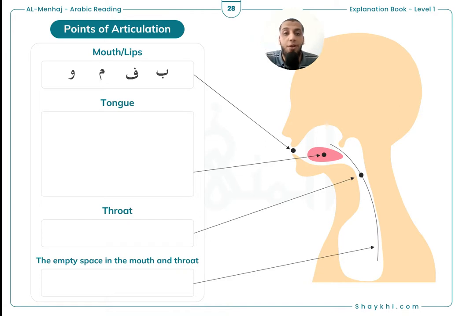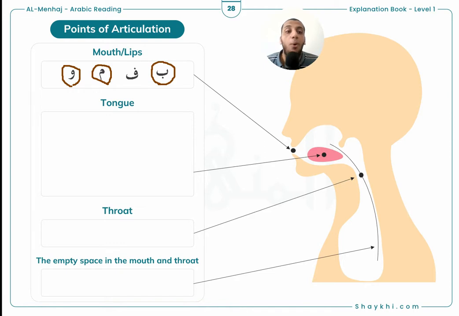So this is what we discover right now. First of all, we want to say an important point about ba, mim and waw. When we pronounce these 3 letters, we use both lips, the upper one and the lower one.